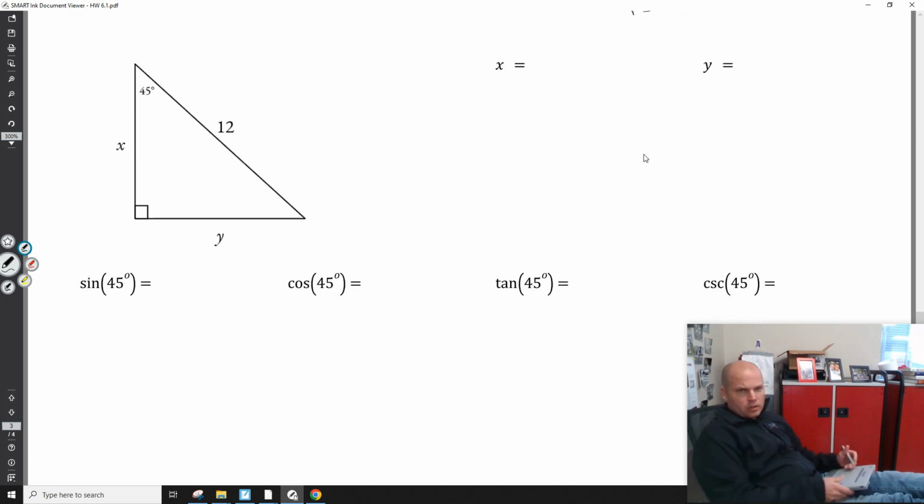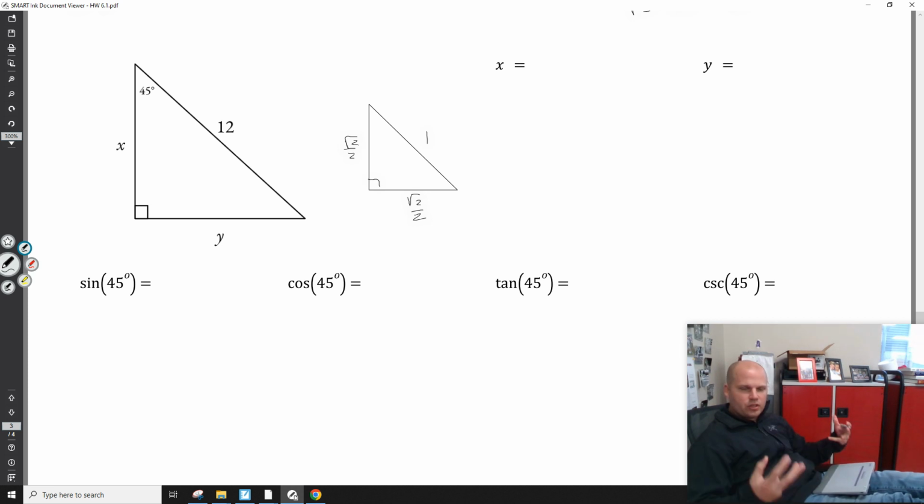All right, last one. Another 45, 45, 90. I'm going to skip all the extra work and save you guys some time. You have to know the side lengths of root 2 over 2 if the hypotenuse is 1. This gives you the simplest version of this 45, 45, 90 triangle.